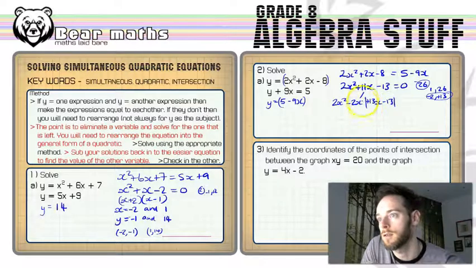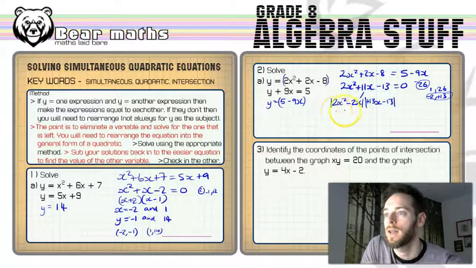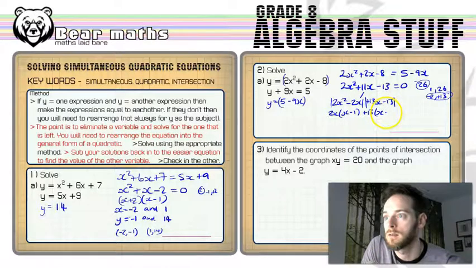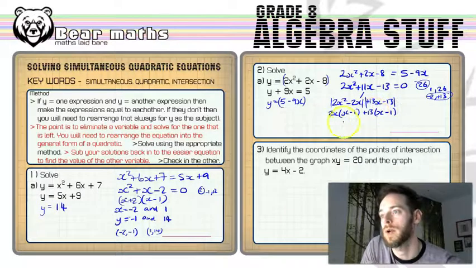All right, let's just section those bits off, and then we will factorize these bits independently. So 2x comes out, x minus 1 goes in, plus 13, and then x minus 1 goes in. So the brackets match, that's good. So what we've got there is 2x plus 13 and x minus 1 all equals 0.